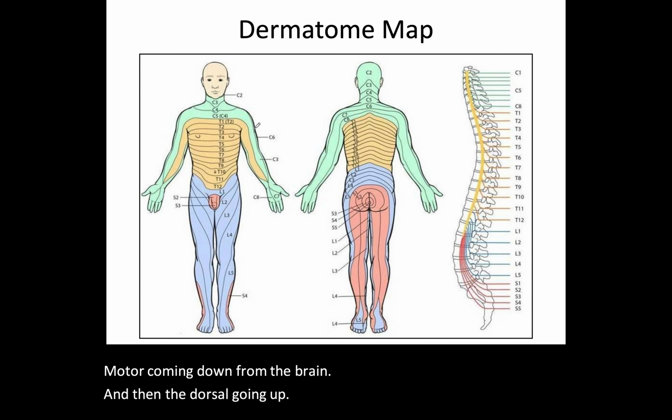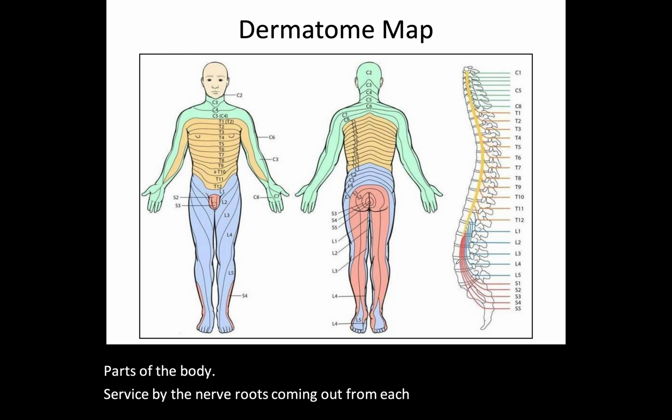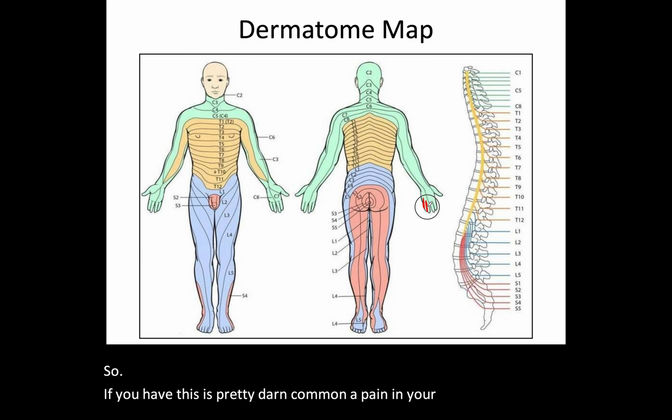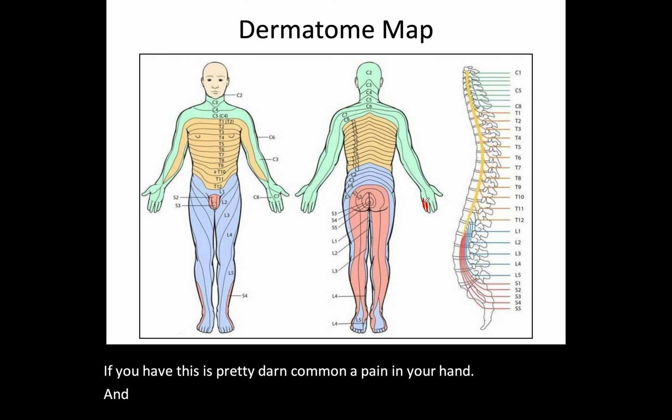This is a dermatome map. What it's showing you are parts of the body serviced by the nerve roots coming out from each of these locations. So, if you have, this is pretty darn common, a pain in your hand, and it's focused on your pinky finger and your ring finger, you might think there's something wrong with your hand or your wrist or your elbow.